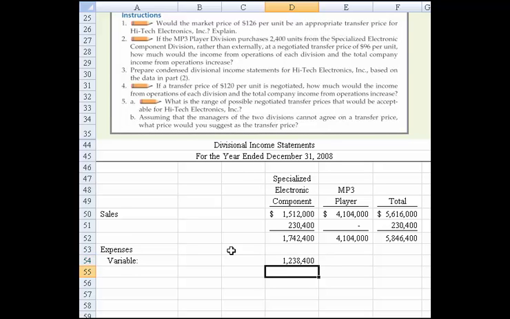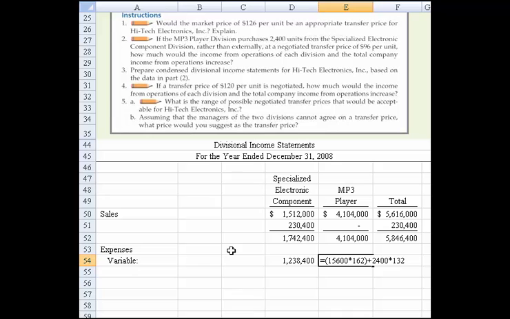Okay, now for MP3, their variable costs are going to include, let me do this in parentheses, the 15,600 units it sells externally times $162, right? Plus the 2,400 units it purchased from the SEC division at a cost of $132.